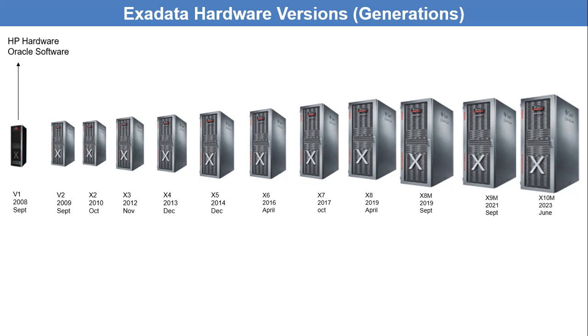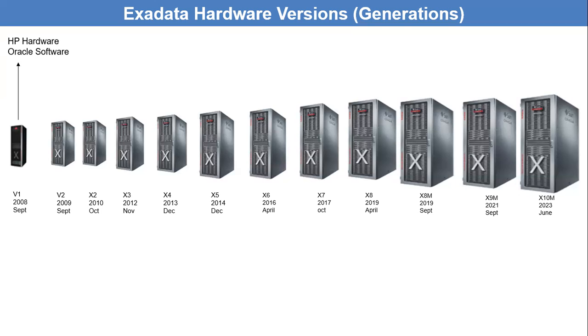Hardware was HP hardware, HP servers. Software was Oracle software, because way back in the year 2008, Oracle had only software business. Oracle never had a hardware business. So for the hardware components, they had to partner with some other vendor. So they went with HP. That was the marriage between HP and Oracle companies to build the Exadata system.